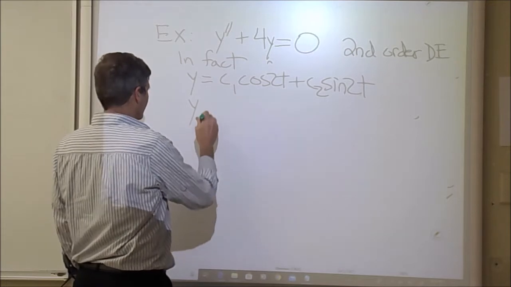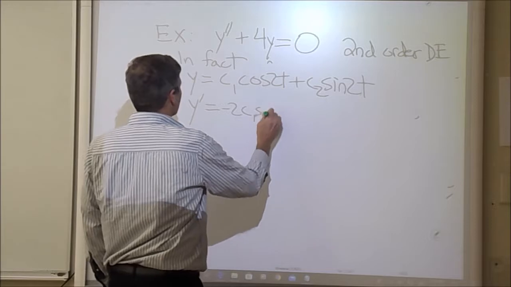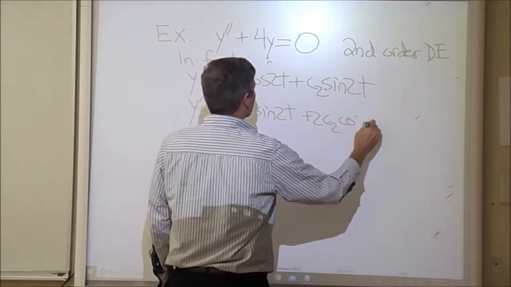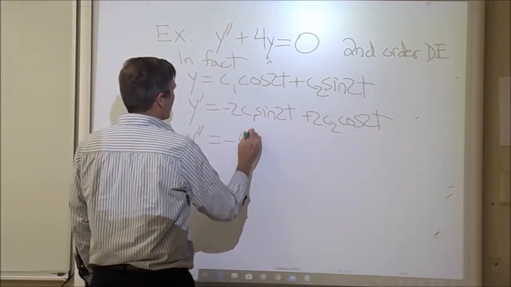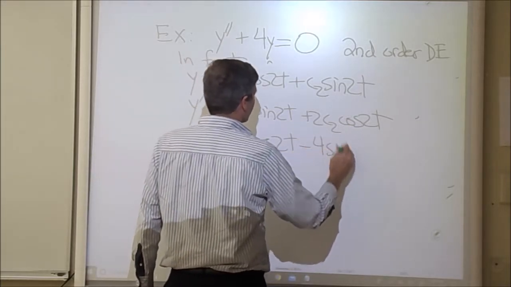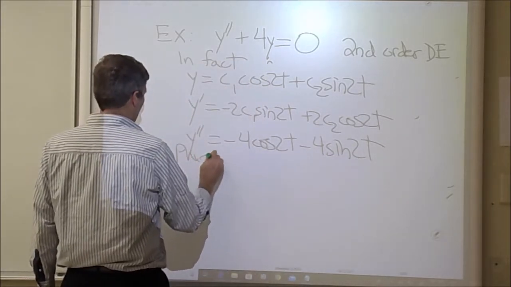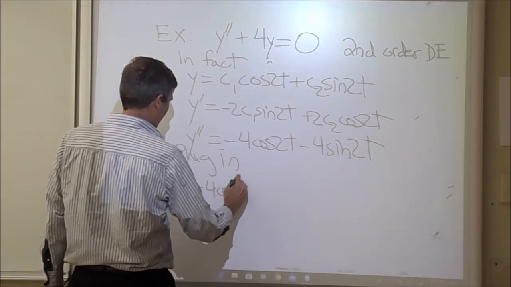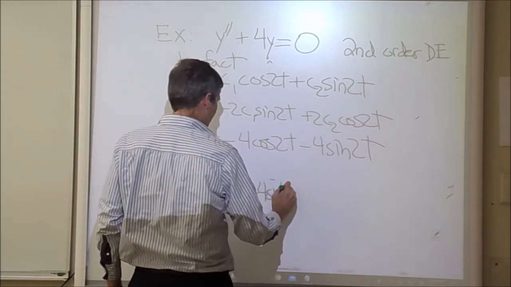So you take the derivative and you get minus 2 c1 sine 2t plus 2 c2 cosine 2t. If you take the second derivative, you get minus 4 c1 cosine 2t minus 4 c2 sine 2t, and you can plug this in for y double prime and then add 4 times y.